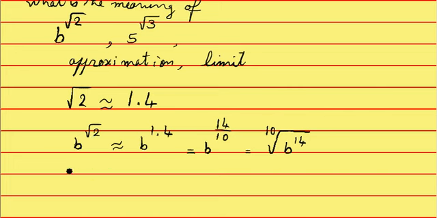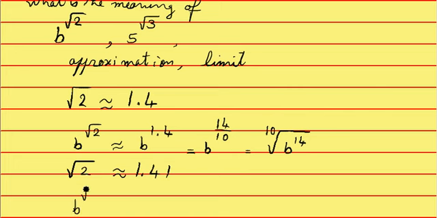What if I want a better approximation? Well, if I want a better approximation, I have to pay more. I come here and approximate the square root of 2 a little bit better. Let's say we borrow one more digit from our calculator, so 1.41.